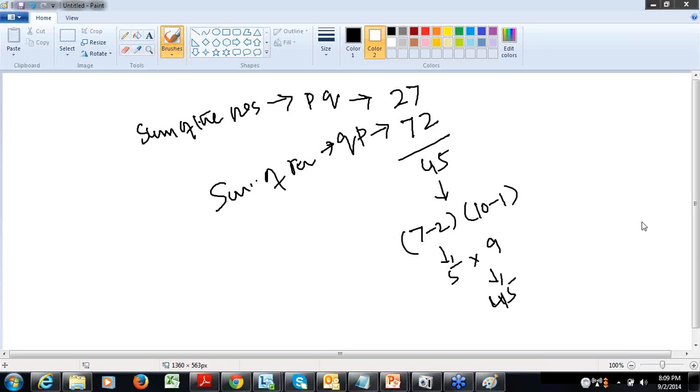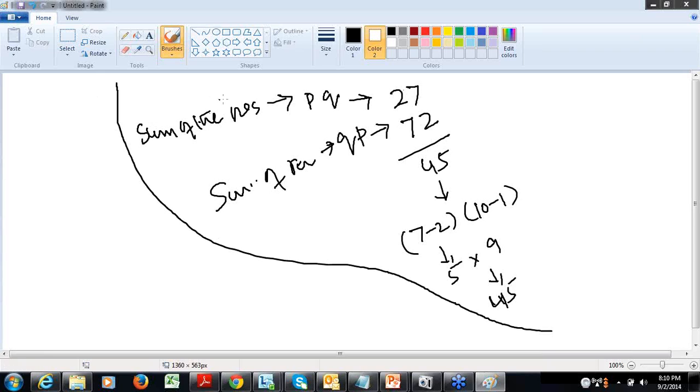Got it till now? I am taking it in base 10. Now we don't know the base. The base needs to be found out now. Now put this into our question.